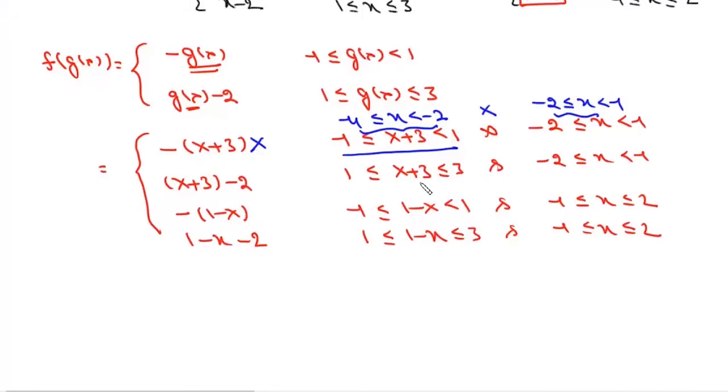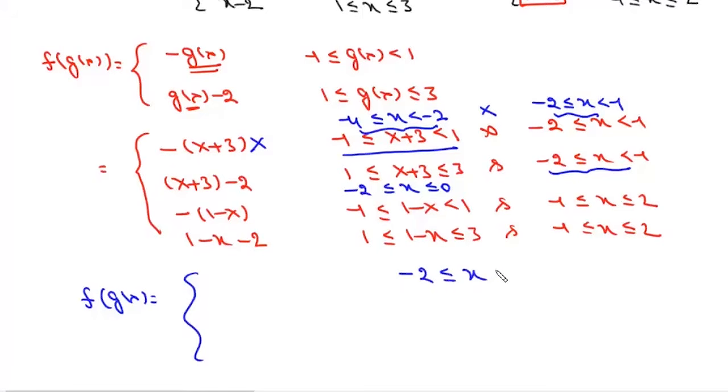Now if we take this 3, then it will be minus 2, and then x will be this 0, and here it is minus 2 and minus 1. So in this case we have a common interval between -2 and -1. So now we write this f of g(x), and the first interval is defined as between -2 and -1, and here this definition is simply x plus 1.